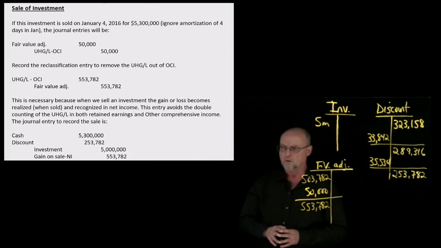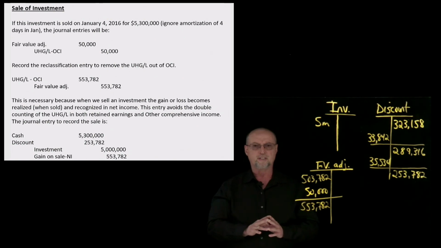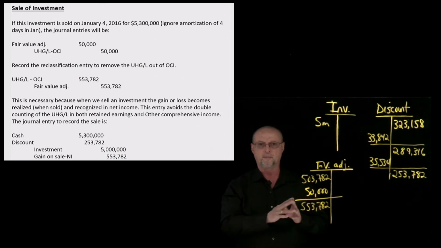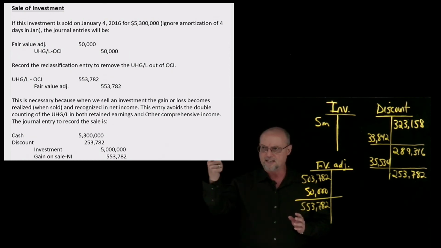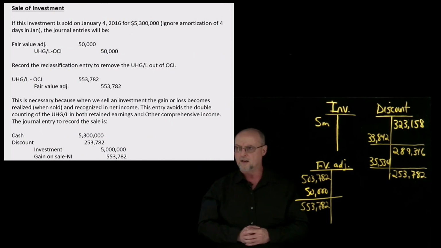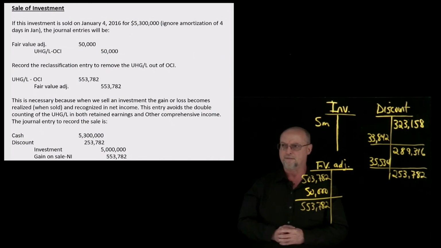So again, the unrealized holding gain is sitting in other comprehensive income, which is on the balance sheet. We have to get rid of that first. That's that reclassification entry to debit unrealized holding gain, other comprehensive income, and credit fair value adjustment for the 553.